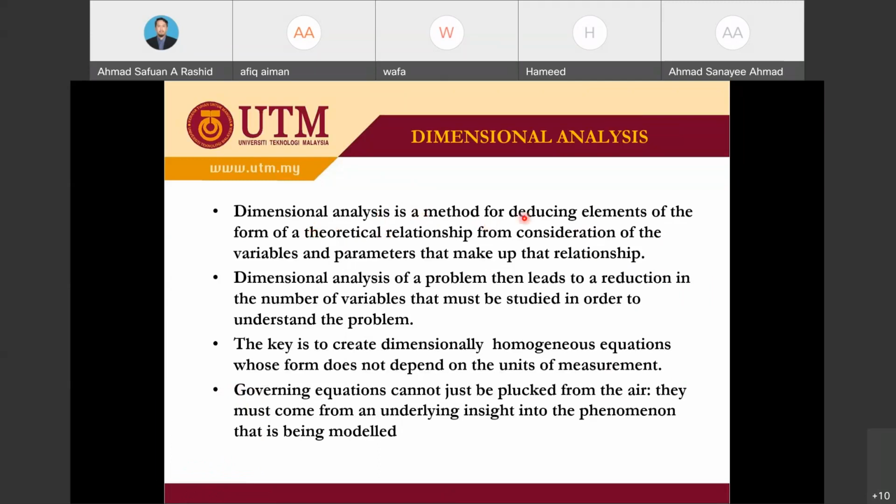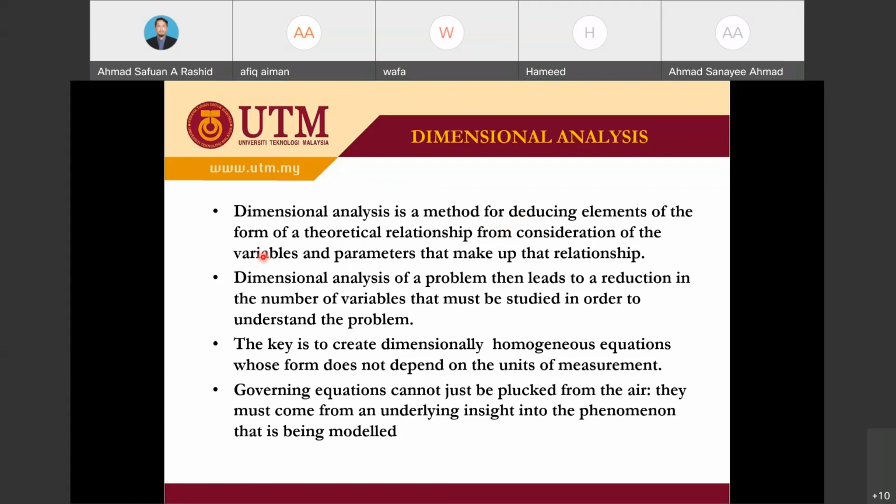We want to identify how many elements govern what we call the output. It means that from the input and the output, how many elements are contained in any particular problem. In that case, the elements we call variables or parameters.